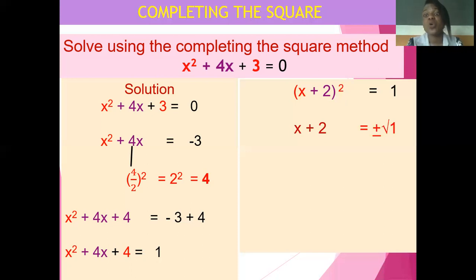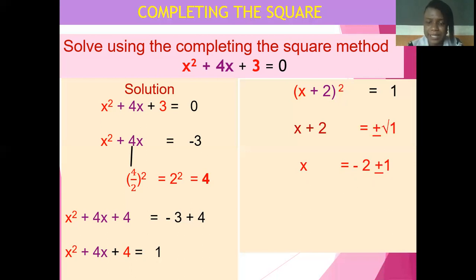So x plus 2 equals plus or minus square root of 1. Square root of 1, of course, is 1. So you take 2 to the other side, it becomes minus 2 plus or minus 1 now, okay? Now, like I said, the quadratic equation always has 2 answers.